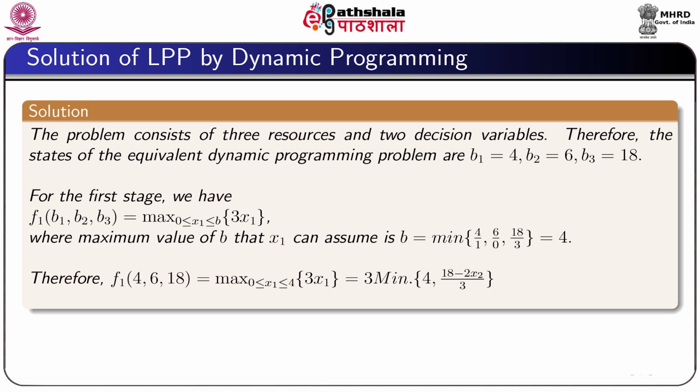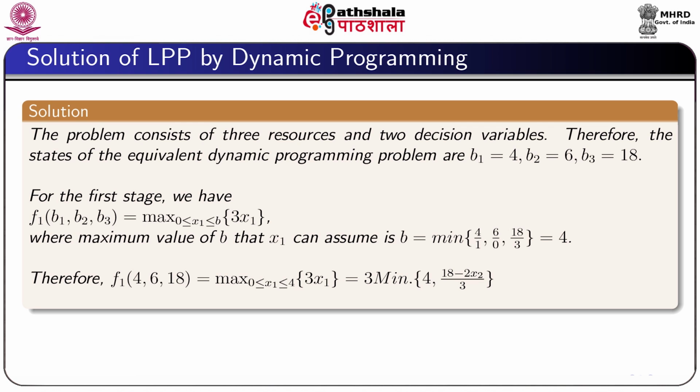We will consider the maximum of 3 x 1 where 0 less than or equal to x 1 less than or equal to b, and the maximum value of b that x 1 can assume is the minimum of 4 by 1, 6 by 0 and 18 by 3, which is equal to 4. Therefore, f 1 of 4, 6, 18 is equal to the maximum of 3 x 1.